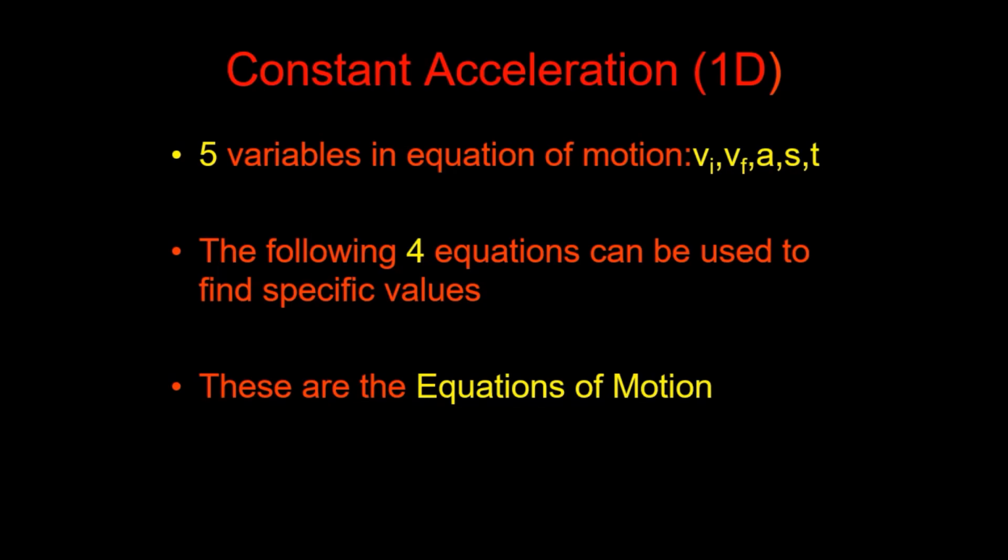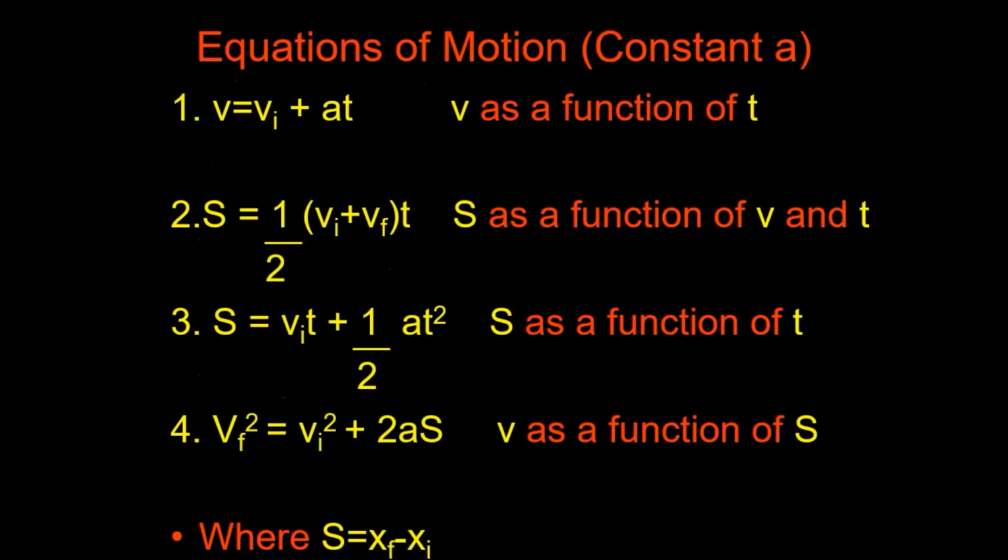Initial and final velocities, acceleration, displacement, and time. Those 4 equations can be used to find any other value. These are going to be referred to as the equations of motion, and these are the equations you really want to keep in mind as the starting point for our discussion of dynamics for the entire semester.